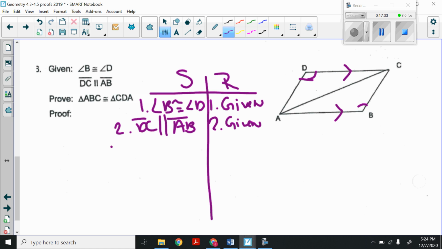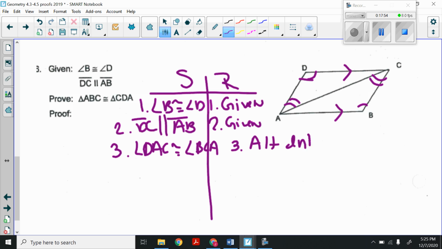So arrows. If I have arrows, then that means I've got alternate interior angles. So just pick one set of alternate interior angles. So I'll do this one and this one. So I'm going to say angle DAC congruent to angle BCA. My reason, alternate interior angle theorem. I've got two things marked congruent. I need a third. They share this side.